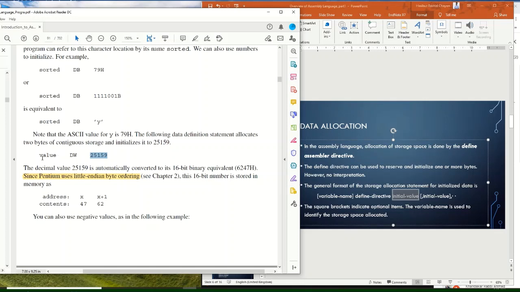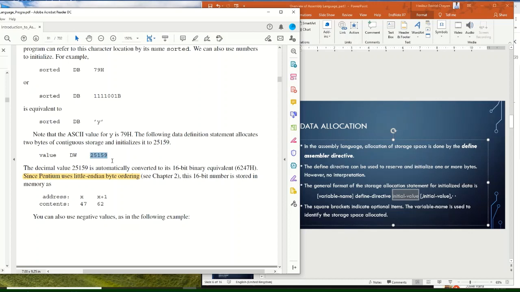Okay, so that means the value of this is actually an integer number. But we know that we need to store the value or any data as a hexadecimal or binary number, because the machine language can only understand binary or hexadecimal numbers, right? So we need to convert this into a hexadecimal number.